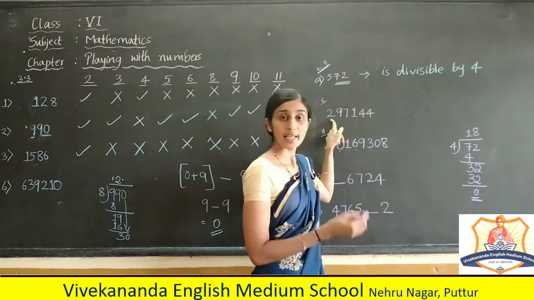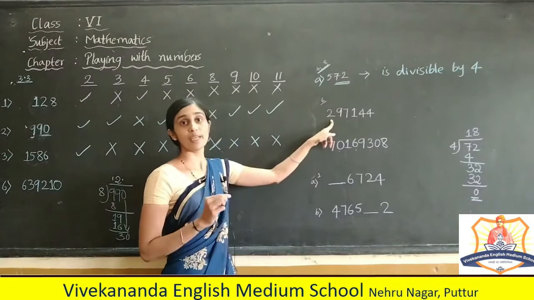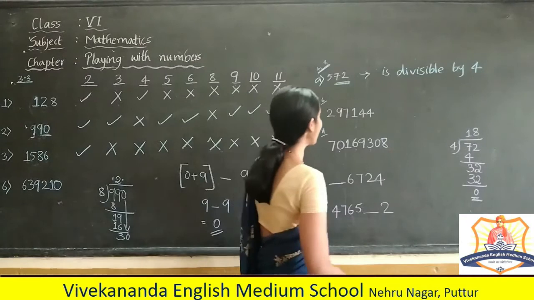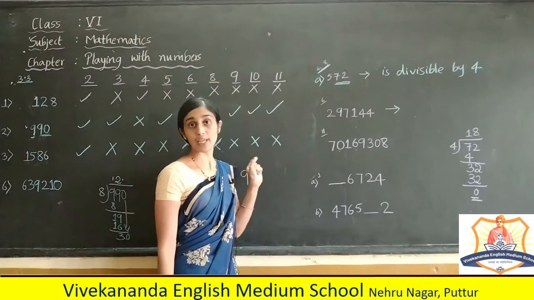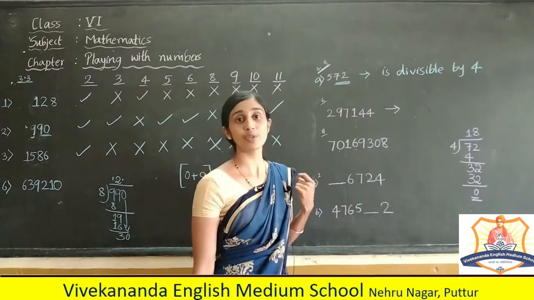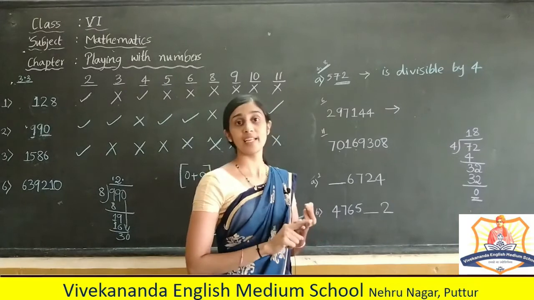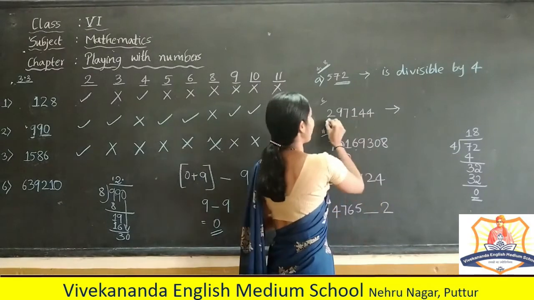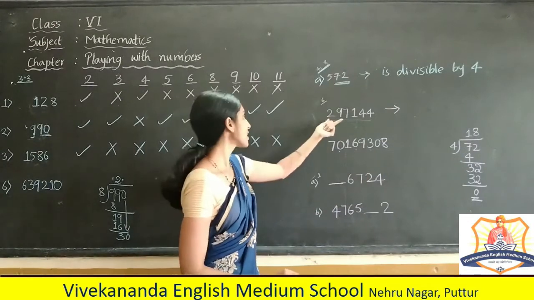Next question. In your textbook, they have asked to check the divisibility of the given number by 6. How to check it? Yes, of course. In order to check the divisibility of a given number by 6, the first step is we should see that the given number is divisible by both 2 and 3. Let us see. The given number is a 6-digit number.